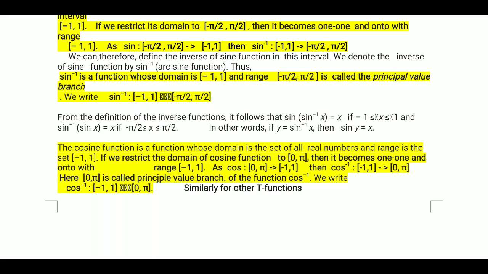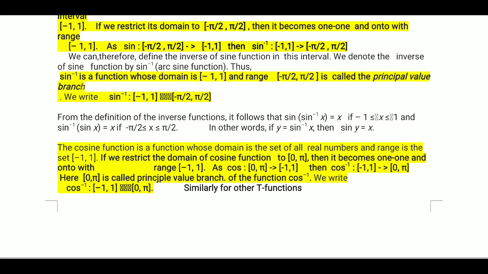As cos function is from closed interval 0 to pi to closed interval -1 to 1, then cos inverse function is from closed interval -1 to 1 to closed interval 0 to pi.